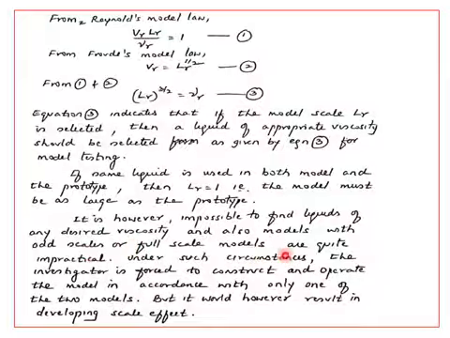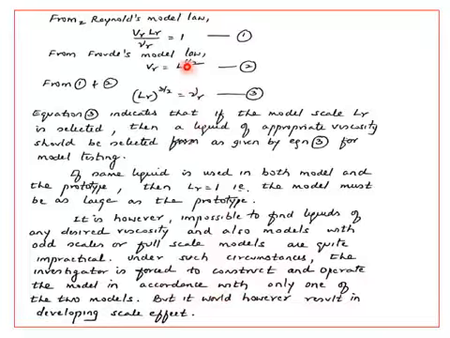So under such circumstances, the investigator is forced to construct the model based on one particular law. Either he has to construct it based on the Reynolds model law, or based on the Froude model law, depending upon which force is predominating in the flow phenomenon. If he does that, then he will be neglecting the secondary influences, which may cause the scale effect.